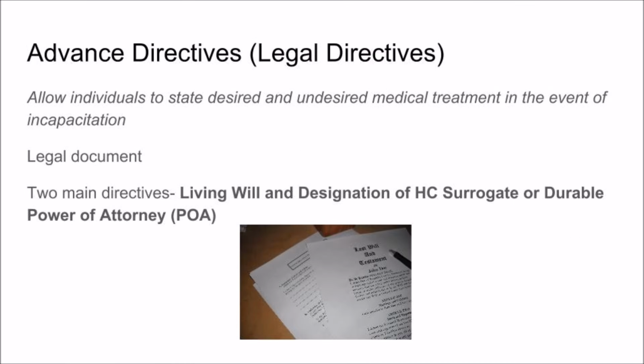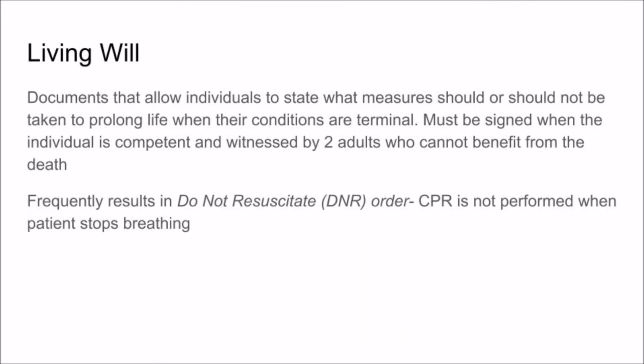Advance directives, also known as legal directives, allow individuals to state desired and undesired medical treatment in the event of incapacitation. It is a legal document. There are two main directives: living will and designation of healthcare surrogate or durable power of attorney.